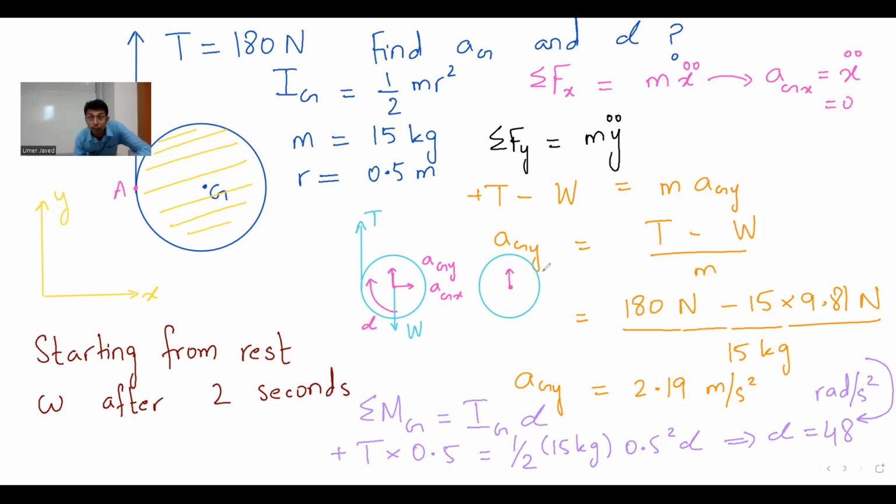This is your AGY, and this is your AGX, and this is your alpha. So you can put it in the same kinetics diagram, or you can put it into a different diagram. And just to be clear, this is your point A.